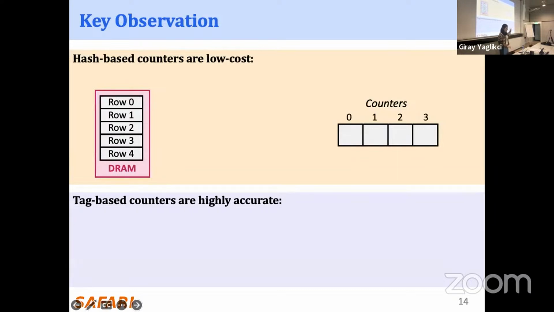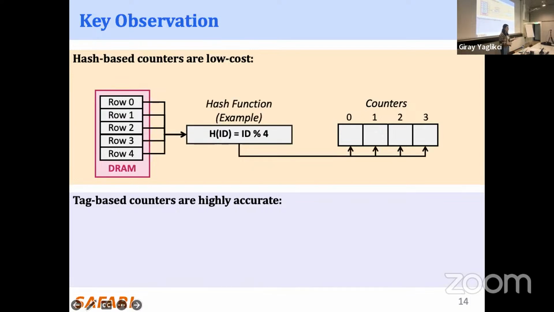We have many DRAM rows in our DRAM device, and we have some counters that we want to map these DRAM rows to. Hash-based counters do this mapping using hash functions. They take the row ID as an input to the hash function and use the output of the hash function as an index to the counter table. This effectively maps each of these DRAM rows to one of the counters in the counter array.